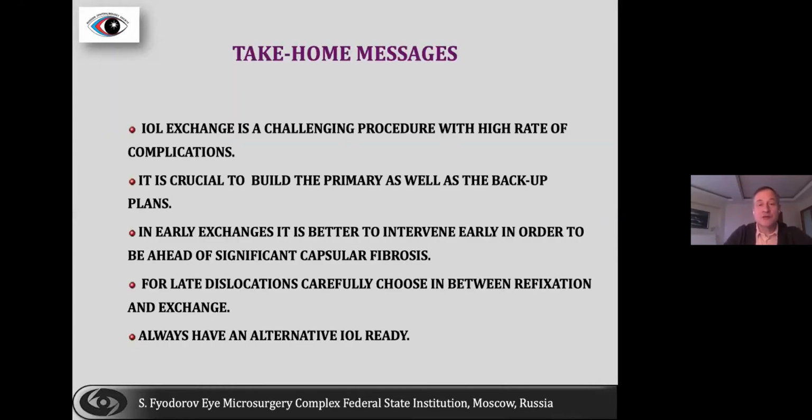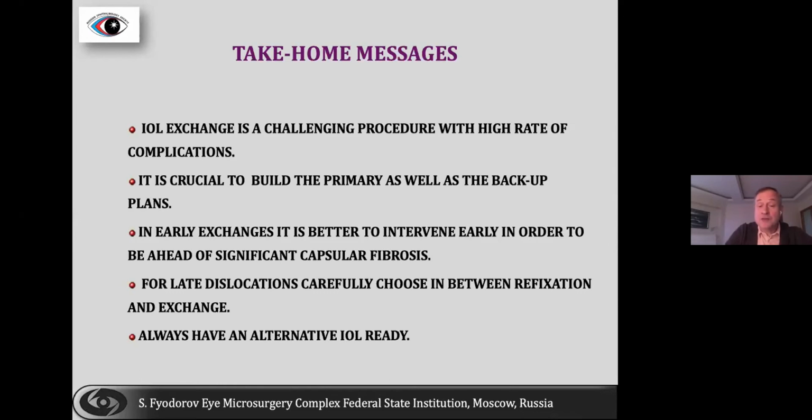So my take-home message is that IOL exchange is a challenging procedure with a high rate of complications, and not necessarily will you get an improvement of vision in all of the patients. So we need to build the primary as well as the backup plan in case something goes wrong.